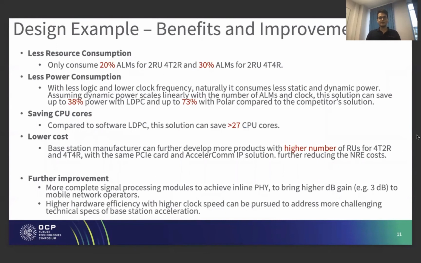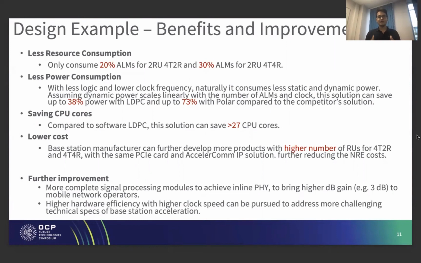Lastly, in terms of benefits and improvements, in summary, we only consume about 20% ALMs for 2RU 4x2R and about 30% ALMs for 2RU 4x4R. In terms of power consumption, because we use less logic and lower clock frequency, naturally, it translates into less static and less dynamic power consumption. Assuming dynamic power scales linearly, we can save up to 38% power with LDPC and up to 73% power with Polar.